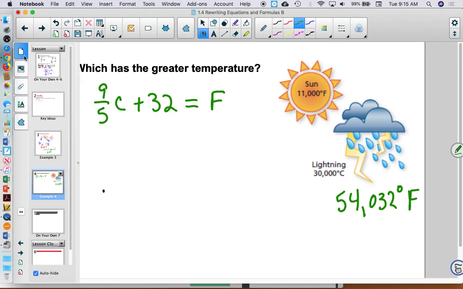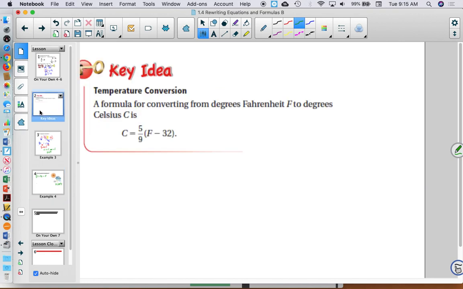Do you see how that conversion of the original formula made it easier to solve for the degrees Fahrenheit? It would have been a lot tougher, wouldn't it have?